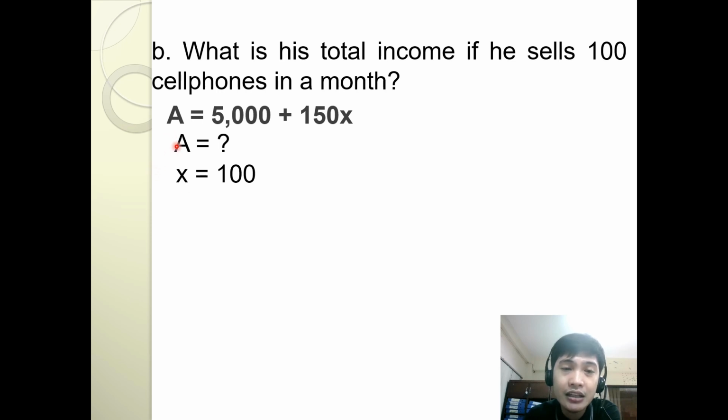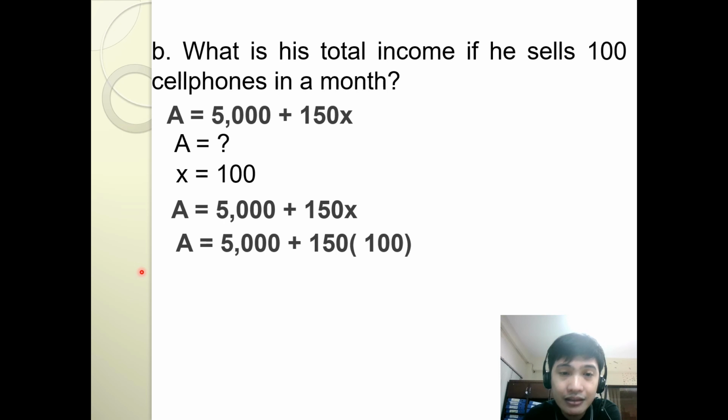Ngayon, i-relate natin itong mga ito sa iisang function natin na A equals 5,000 plus 150X. I-relate natin itong tatlong ito, ang makukuha natin ay A is equal to 5,000 plus 150 multiplied to 100.